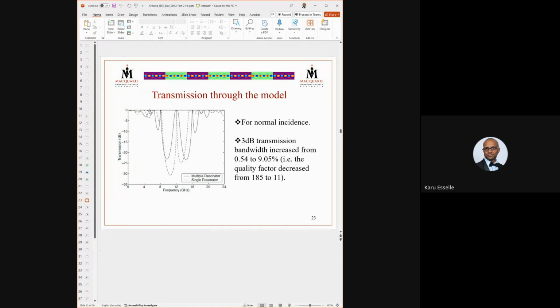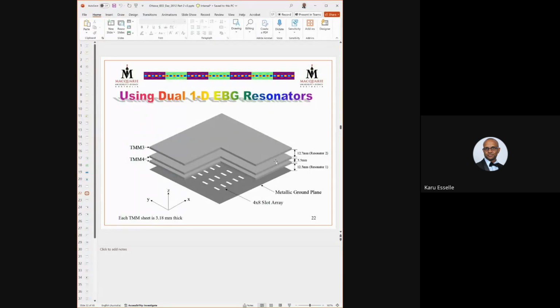Now this is the defect mode of that. You can see this is the defect mode. This is wider. This was the previous defect mode, and this is the new defect mode. How did we get that? We got that by optimizing the spacing between these dielectric slabs, and also using different material.